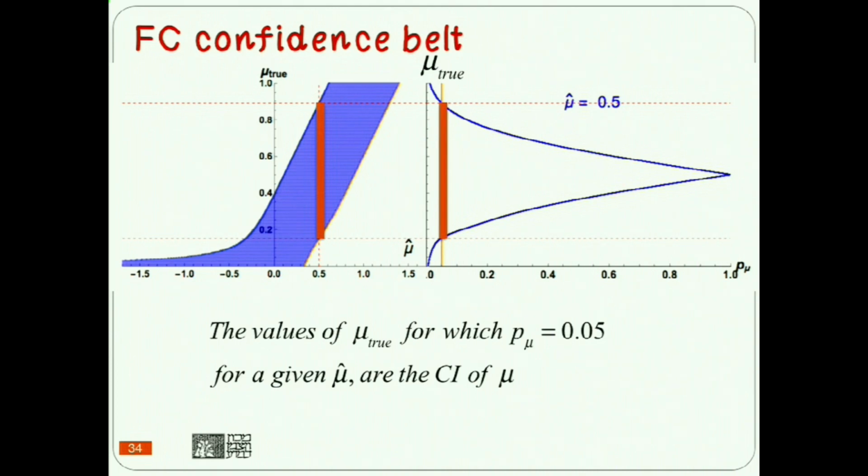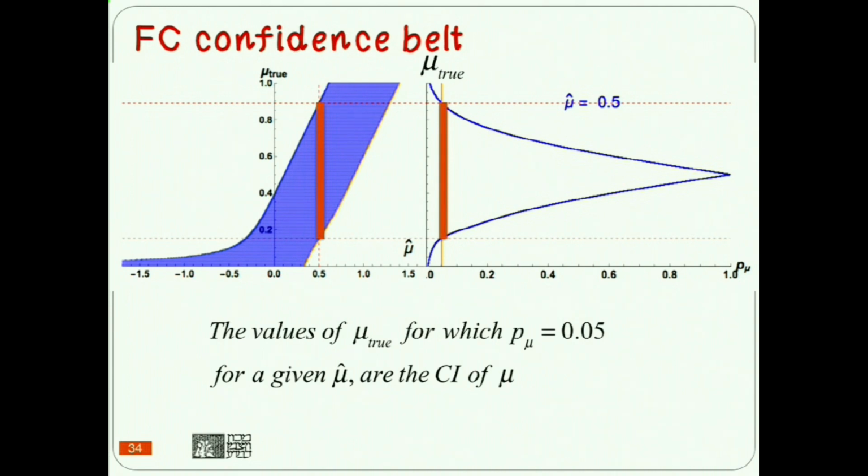And I show it by plotting mu true as a function of P mu, because I have the formulas. I get this thing which should be familiar to you. And I actually invert the interval in mu hat into the interval in mu true, given my observation, and I get exactly the same interval as I should expect.